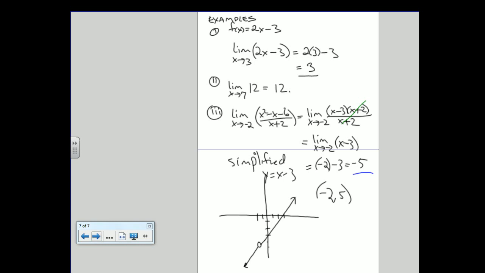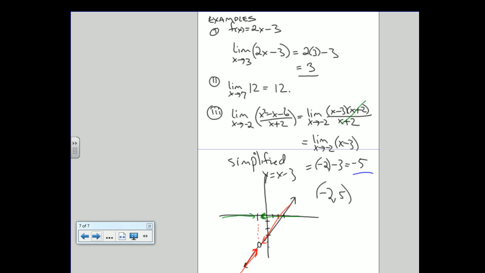Now let's remember, as x is approaching negative 2 from the left, the function is approaching negative 5 from the left. As the x values are approaching negative 2 from the right, the function is approaching negative 5 from the right.